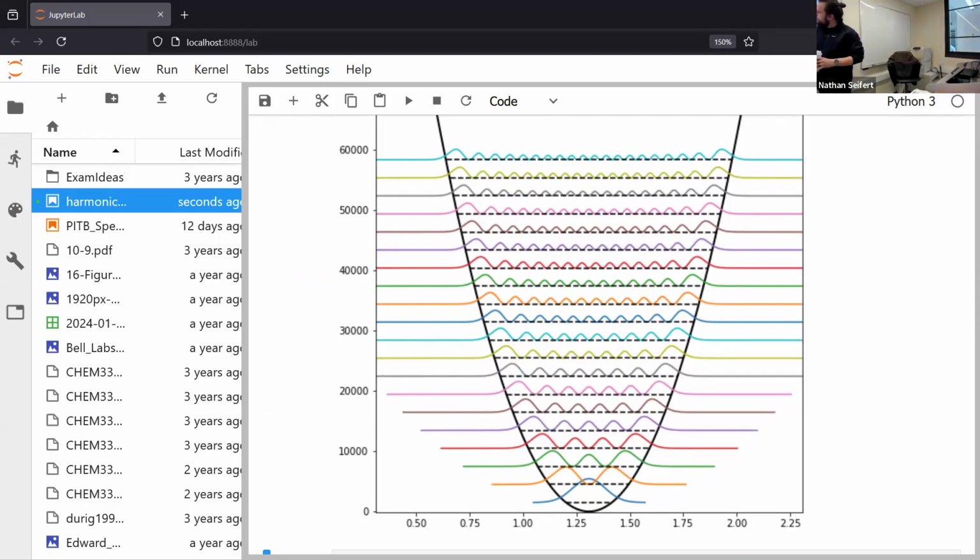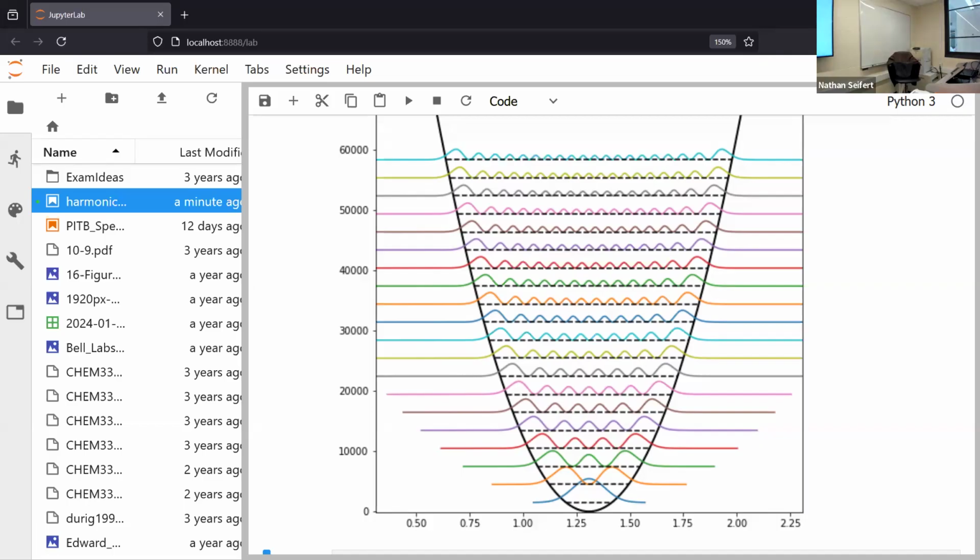If you notice in the bottom levels, the most likely place for the particle to be in the ground level is right in the middle, which is exactly like the particle in the box. The average position is right down the middle. If you think about what's the most likely place for the particle to be, what's the largest amplitude peak in the distribution, you can see that that peak kind of tracks along the edge of the box.